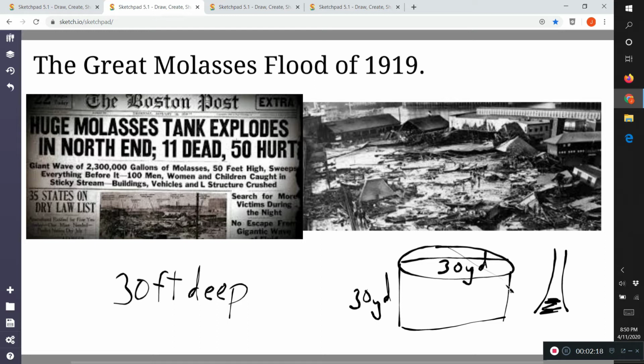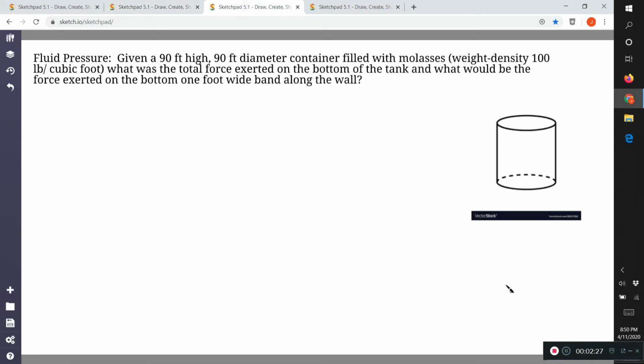Now, it's more interesting to talk about the bottom because there's more force. As the liquid gets higher, there's more force towards the bottom. So, given a 90-foot high, 90-foot diameter tank, we're just going to label our stuff here: 90 feet diameter, 90 feet high. This is all from the actual dimensions of the object. Filled with molasses.